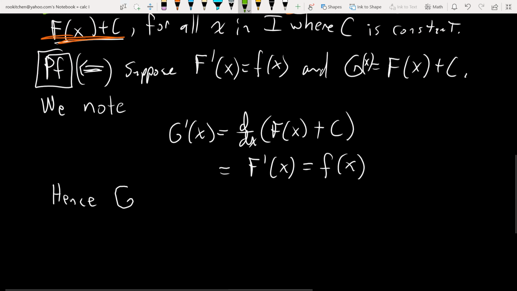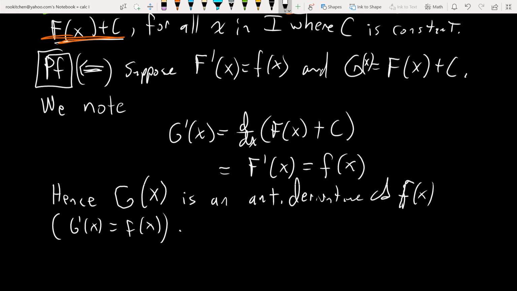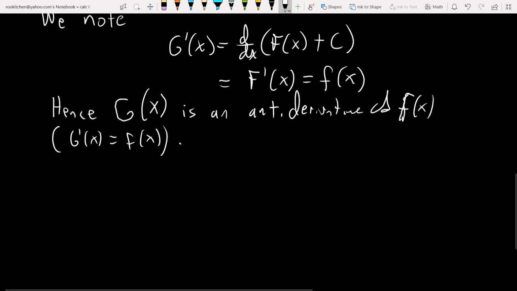So hence, g of x is an antiderivative of little f of x, basically because g prime of x equals little f of x. And hence, by definition, it works. Okay, the other direction then.